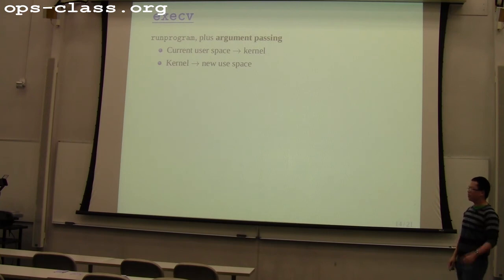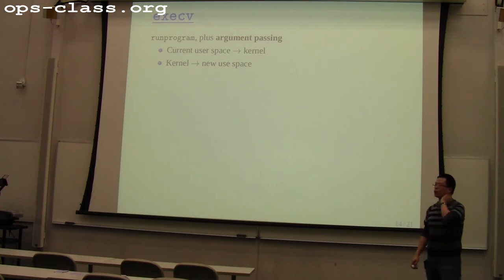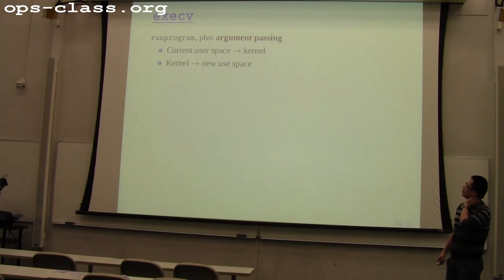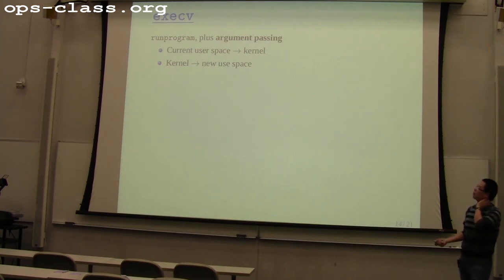The exec part is even trickier in terms of the argument passing. There is already one function called runprogram that does most of the job of exec. It will load the ELF into memory, set up the address space, and warp into user mode. So what you need to do besides what's already in runprogram is the argument passing.